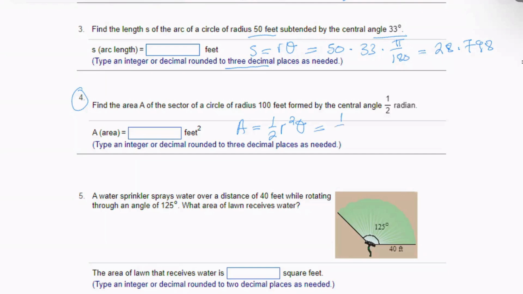So this is 1 over 2 multiplied by 100 squared multiplied by 1 over 2, which is just 1 over 4 multiplied by 100 squared. When you expand this on your calculator, you should get 2,500 square feet.